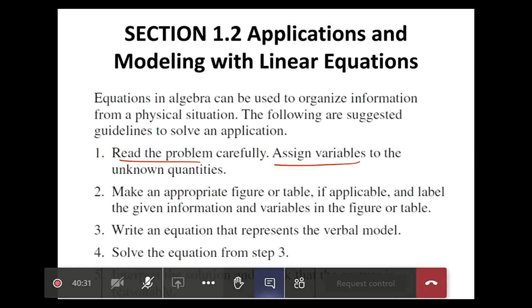If we need to, draw the figure, or write a table. But the very important step is to write the equation. After that, solve the equation and then check. We must do a check. Okay.